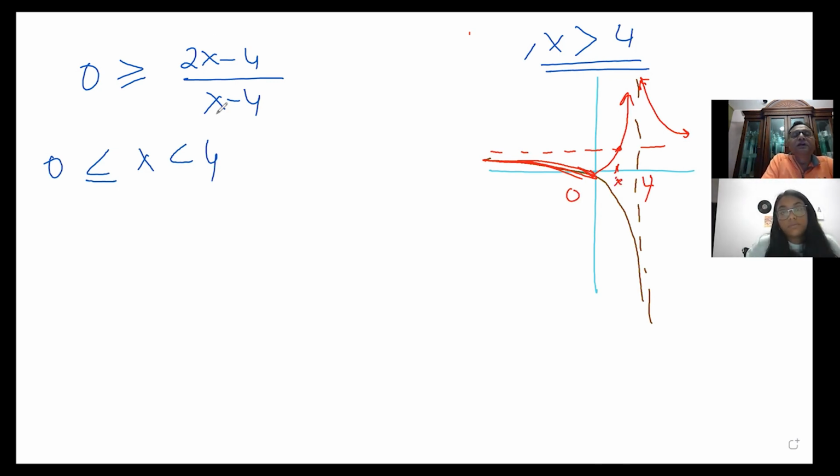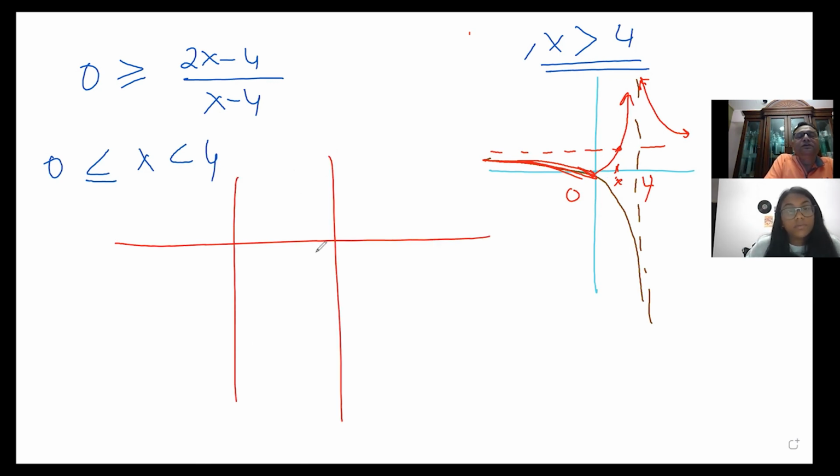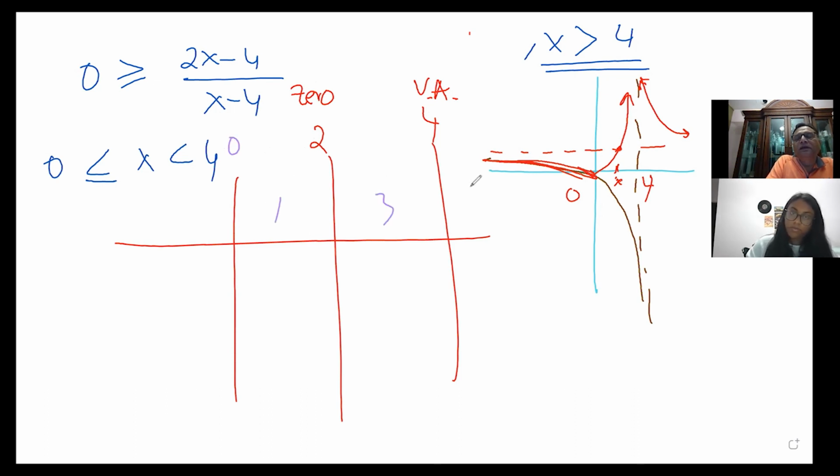So let's solve this. Now this has 0 at 2, right? And is not defined at 4. So this is your 0, and this is your vertical asymptote, correct? So we can take test points from 0 to this place as 1, 3, and 5.